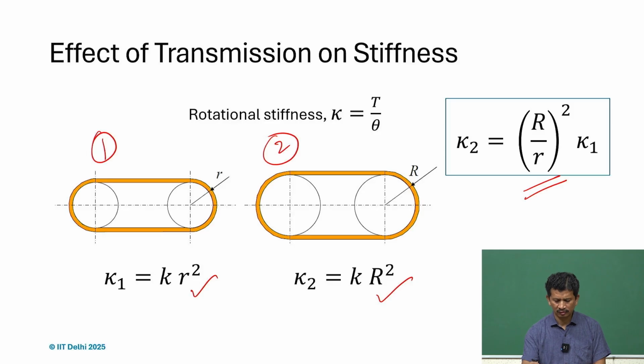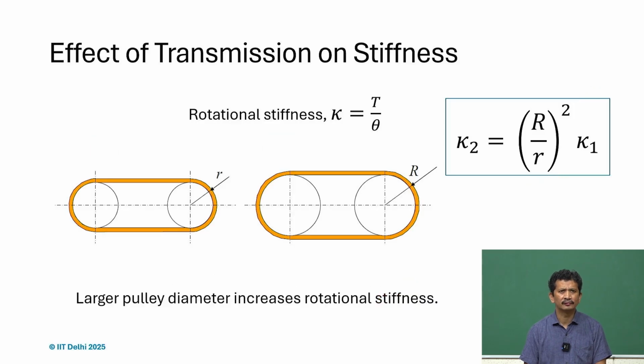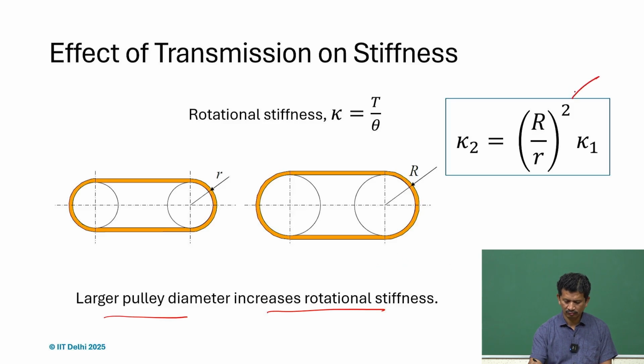So, this will make a huge difference. I think one should be aware of this and use it accordingly in your designs. So, larger pulley diameter increases rotational stiffness, and be aware that it is a square term. This is very important, it is not linear.